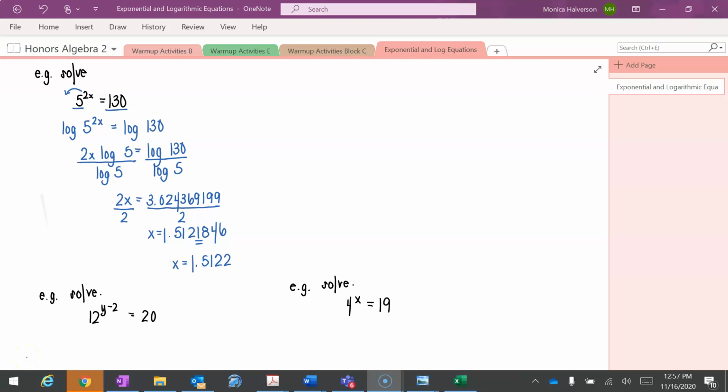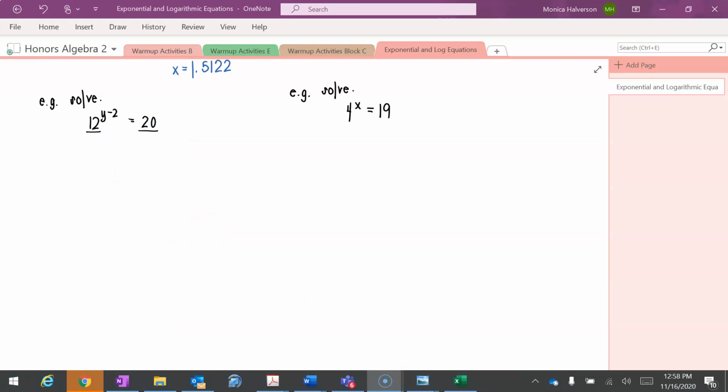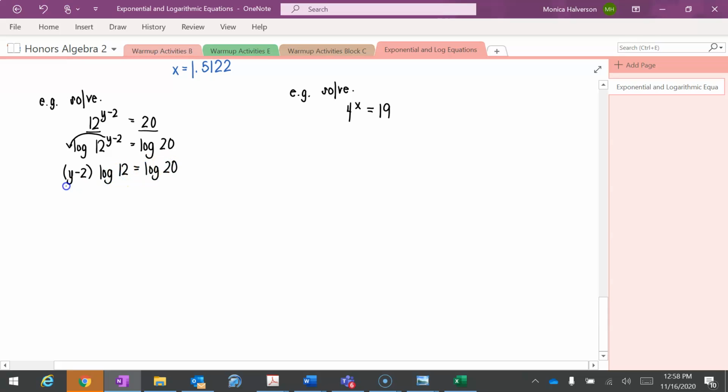All right, let's look at these 2 together. All right, so once again, we cannot get a common base between 12 and 20. So we need to common log both sides so we can move the exponent into coefficient form. So y minus 2 log 12 equals log 20.